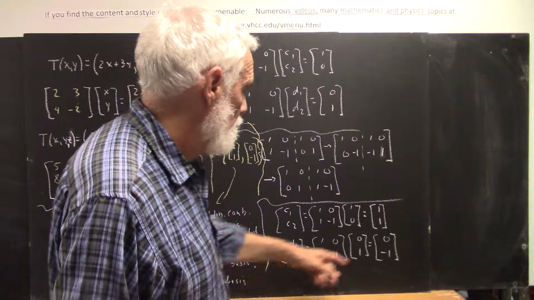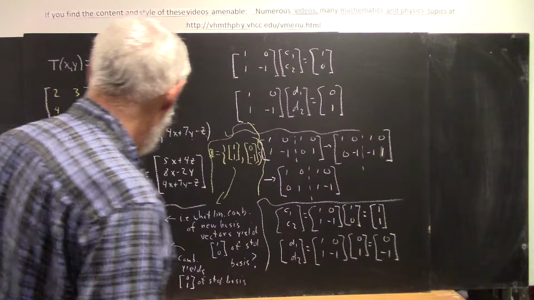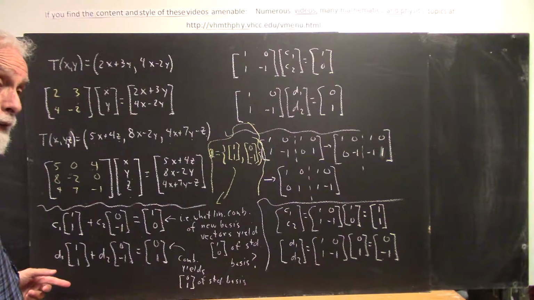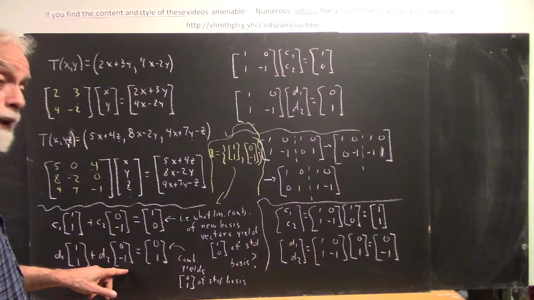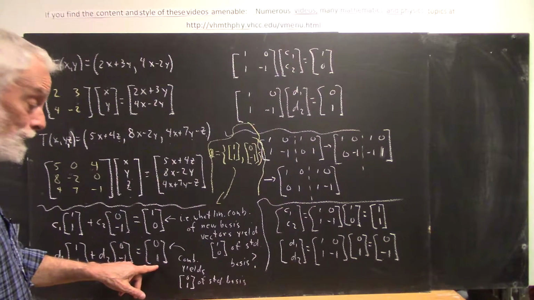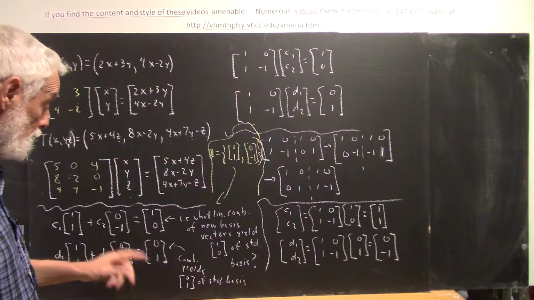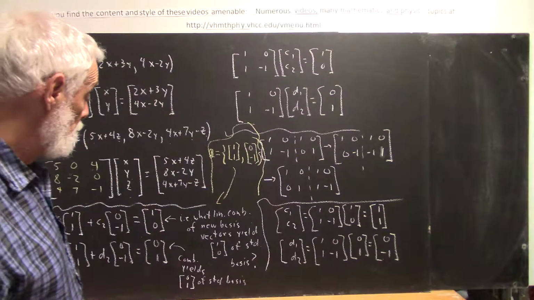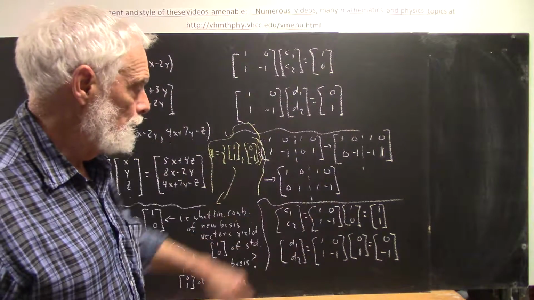Okay, we get 0, negative 1. We don't add any of this, and we just do negative 1 times this, because negative 1 times this will give us this. Negative 1 times negative 1 is 1. Negative 1 times 0 is 0. Okay, so we've solved that.